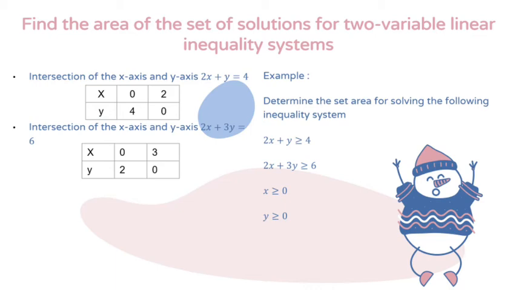Okay, for the second, find the intercepts for 2x plus 3y equals 6. If x equals 0, then y equals 2, and if y equals 0, then x equals 3.